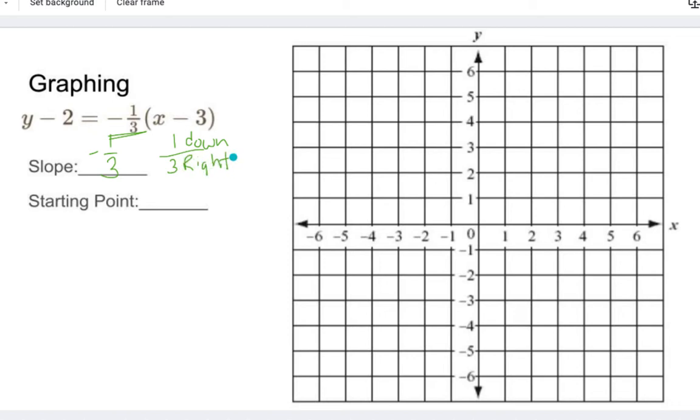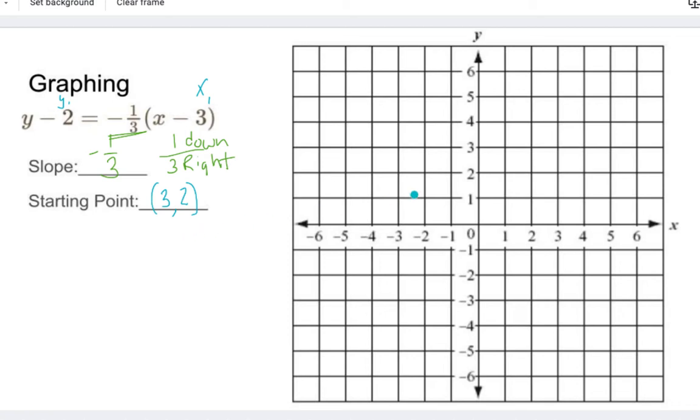We do need a point to start from. So remember, this was x minus x1 and y minus y1. So our x value is 3, not negative 3, because that is supposed to be a minus sign, and the y value is 2. So now we know we have a starting point at 3, 2.